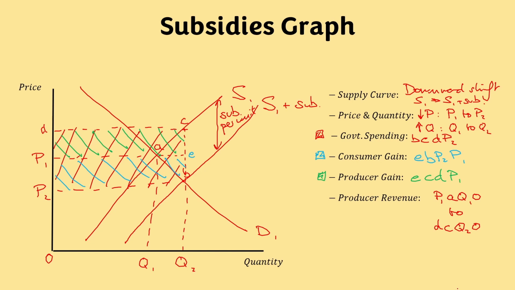And so the important thing to understand here is that consumers are better off, we could say. Producers are also better off. But of course, the only ones that we could argue have a cost is the government, because this subsidy is costly, right? It's not free. So there you go for the full impact of subsidies.